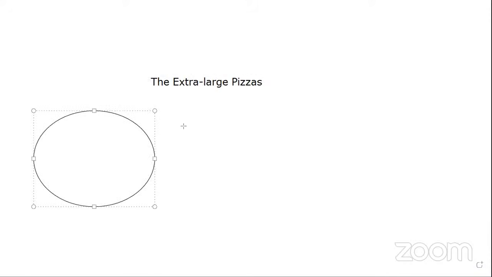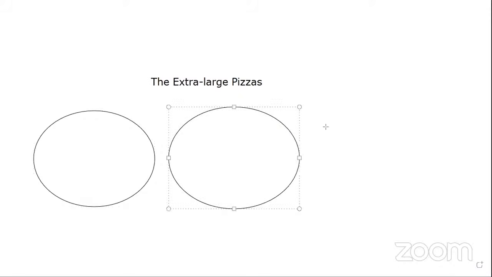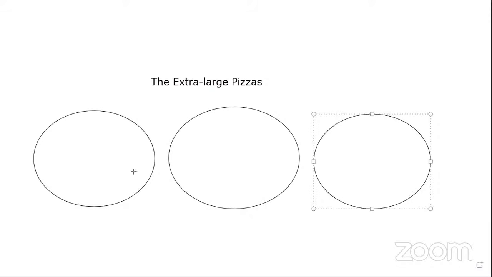One extra large, 2 extra large. See, these look really extra large. 3 extra large. Let me hold off on the other extra larges, those are in the oven baking.